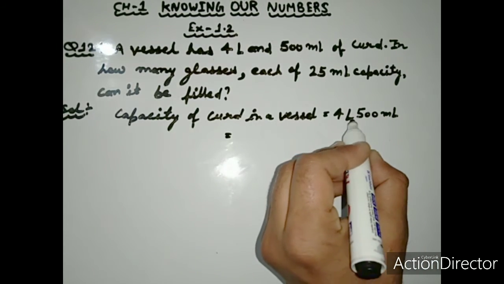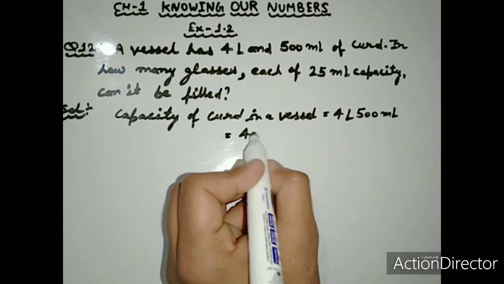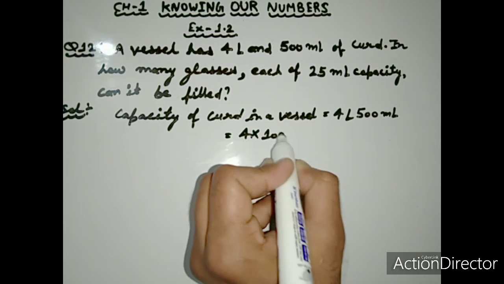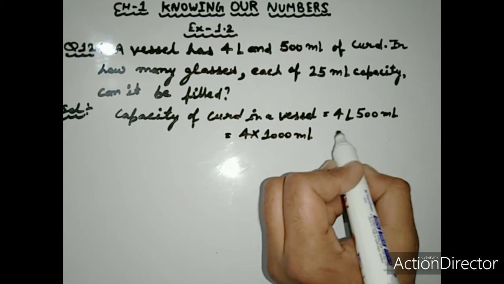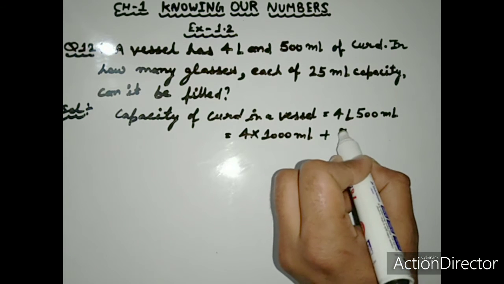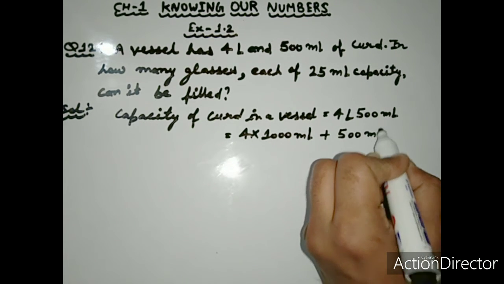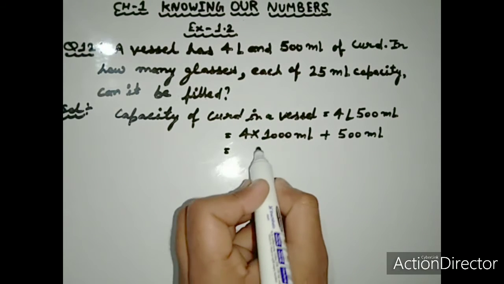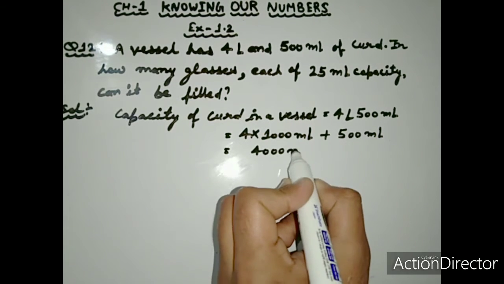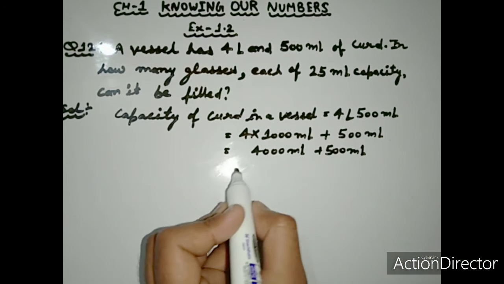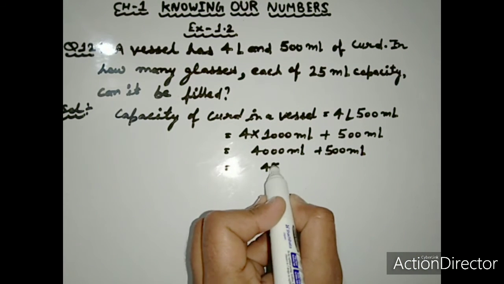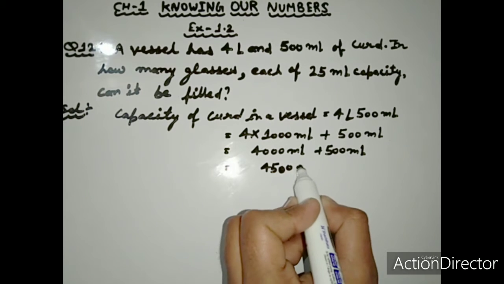Now here we convert this 4 liter into milliliter, then we multiply 4 into 1000 milliliter, because 1 liter equal to 1000 milliliter. Now here we add 500 milliliter with it, then here we get 4000 milliliter plus 500 milliliter, then we get 4500 milliliter.